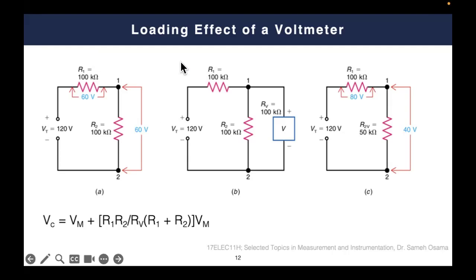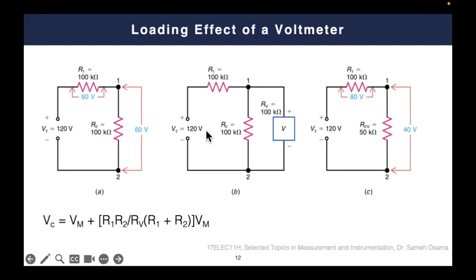How we can minimize the error here? The answer is very simple. The problem occurs simply because the resistance here, which is the internal resistance of your voltmeter, is comparable to the resistance here, which is the 100K ohm available in your circuit.